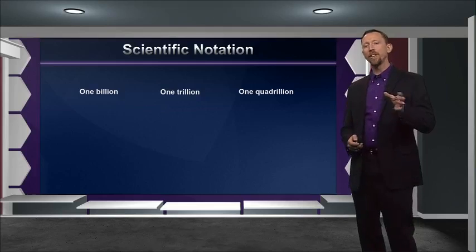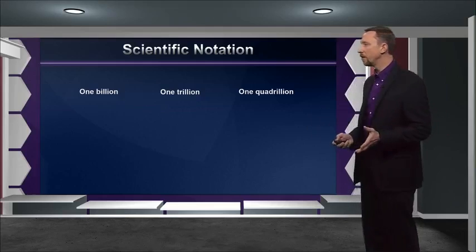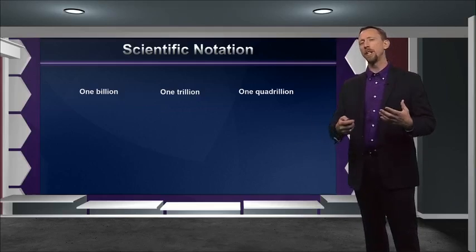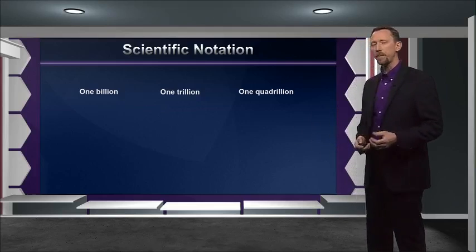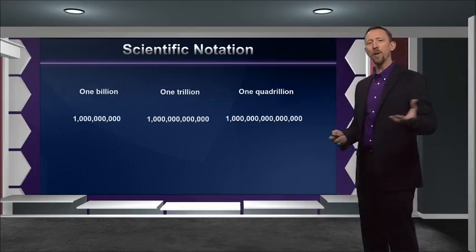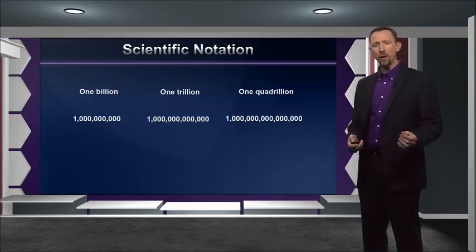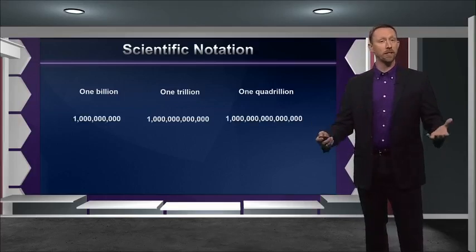Let's consider a few very simple numbers that differ widely in scale. A billion, a trillion, and a quadrillion. Numbers that you're probably relatively familiar with. Now, a billion, a trillion, and a quadrillion, of course, each have quite a few zeros after them. And those zeros aren't doing much except conveying the size of the number.